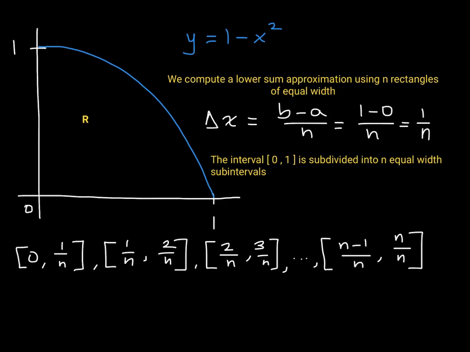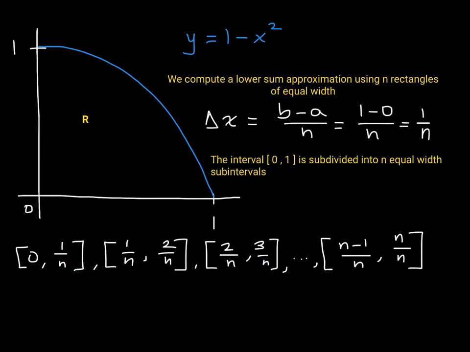If they want us to find a lower sum, then we need to evaluate the function 1 minus x squared at the minimum value from each of these subintervals, which happens to be the right endpoint because this is a decreasing function. So our lower sum is constructed with rectangles whose height is determined by evaluating our function at the right endpoint from each subinterval.